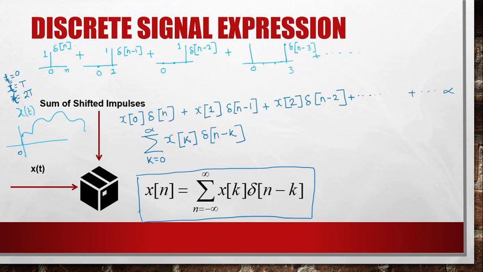You are multiplying the input with the sum of shifted impulses, and in this way the expression will be expressed. This is the mathematical expression for any discrete signal.